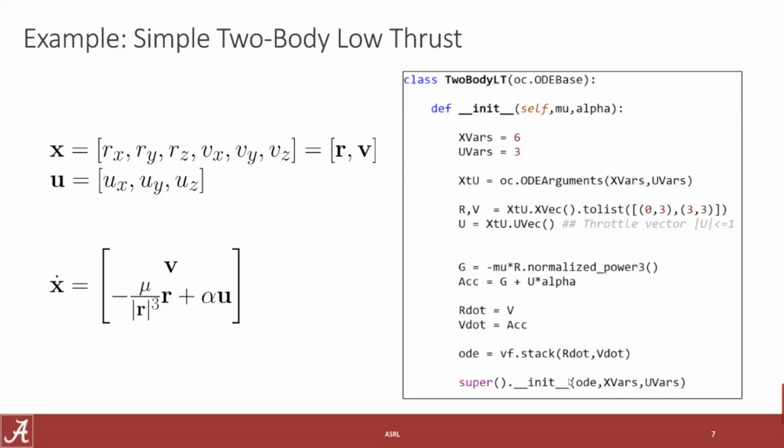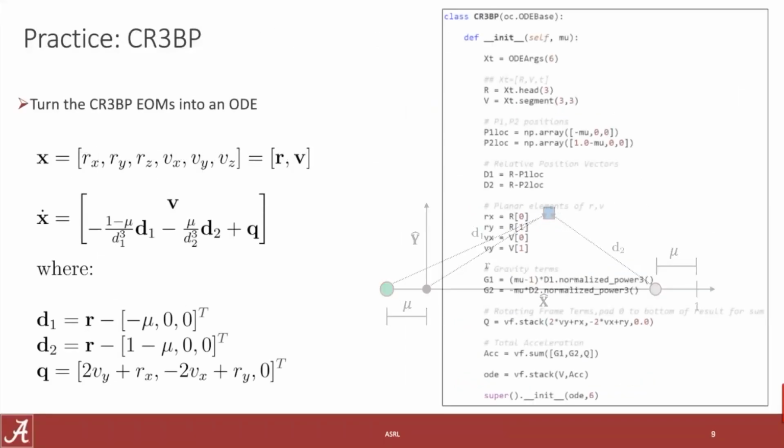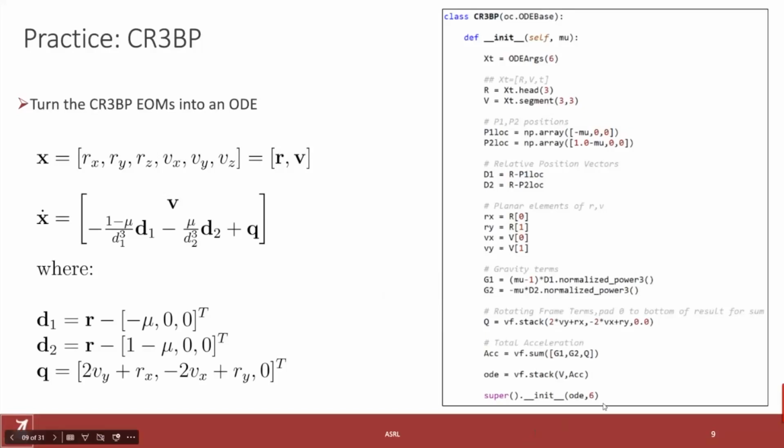This superclass init function is just expecting your ODE argument or your ODEs and then integer sizes of states and controls. Okay, got it. It's expecting an integer, and before you just made it explicit, called it something. Yes. Great catch.